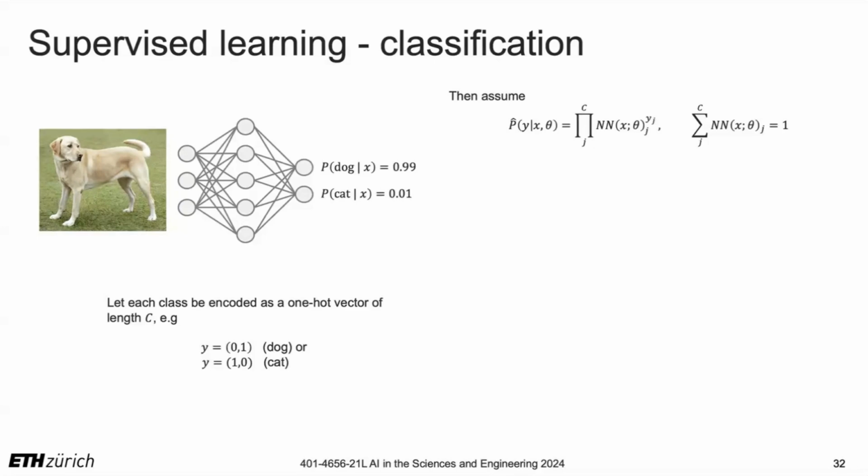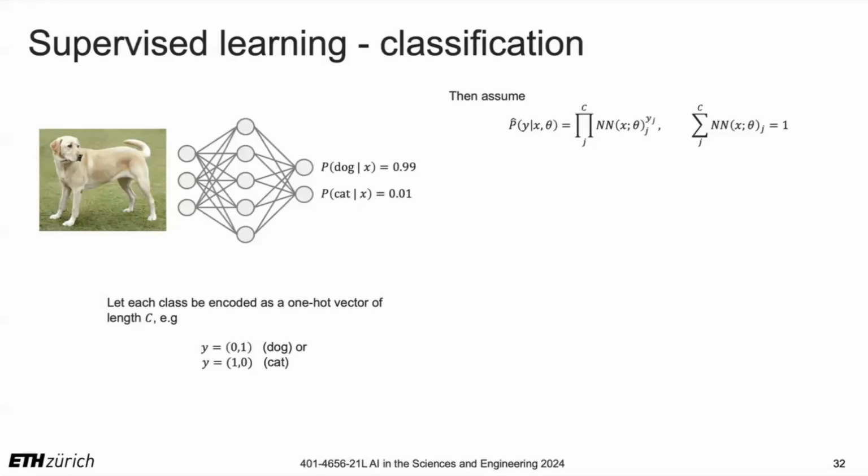And then we have to assume some form of this conditional distribution. So we'll say the output of the network itself is going to represent the probability of that class, given by this expression here. And because this is a one-hot vector, it just pulls out the probability.